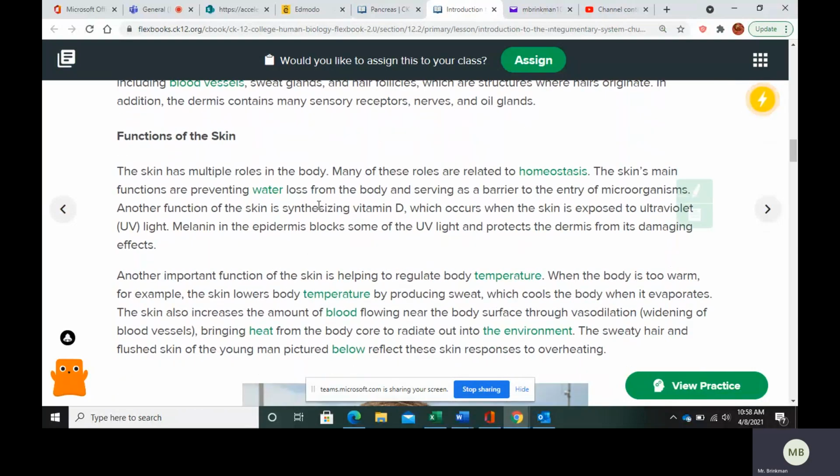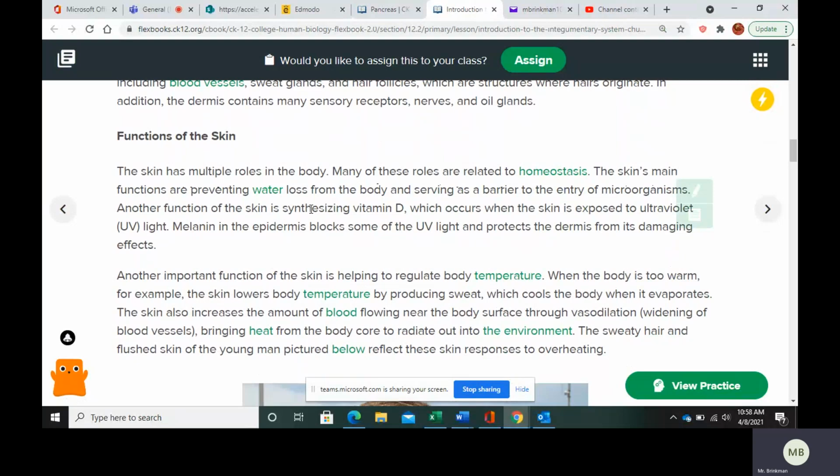A lot of these are related to homeostasis, or keeping your body in a stable state. So its main functions are going to be preventing water loss from the body and serving as a barrier to the entry of microorganisms. So basically, it keeps stuff in that needs to stay in. It keeps stuff out that needs to stay out.